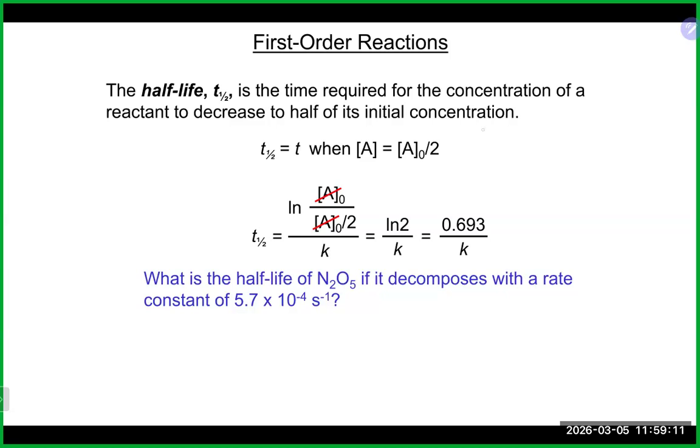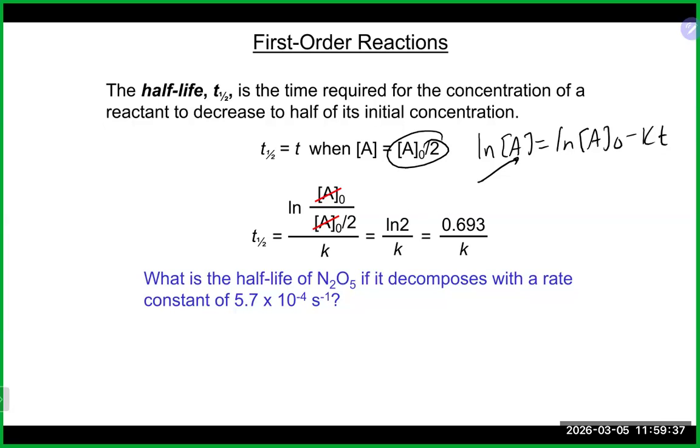By the way, if you by some chance could not remember the half-life equation and you're okay in math, I suppose you could substitute in for the final concentration, the initial divided by 2, and solve for t, and that would give you the half-life equation if you wanted to work it out yourself. Probably just remembering would be a much better way of doing that.